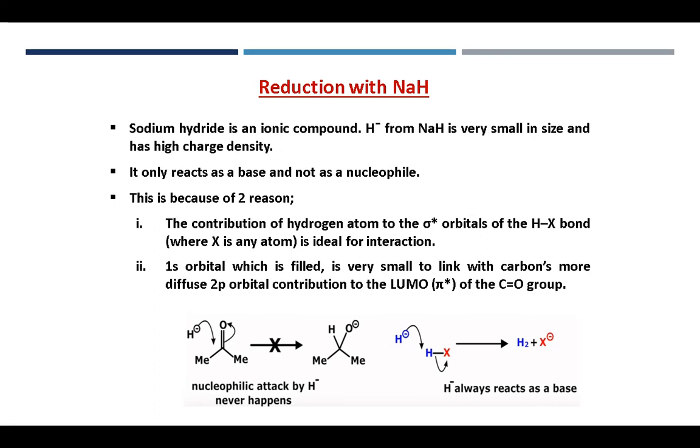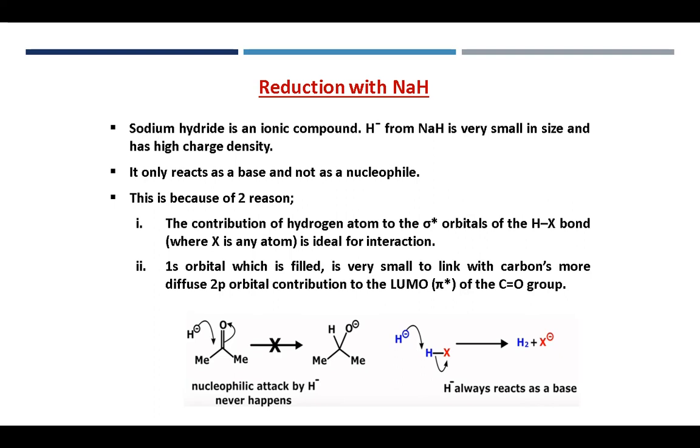Let us consider the H- generated from the metal hydride called sodium hydride. Sodium hydride is an ionic compound. Hydrogen from sodium hydride is very small in size and has high charge density. It only reacts as a base and not as a nucleophile.